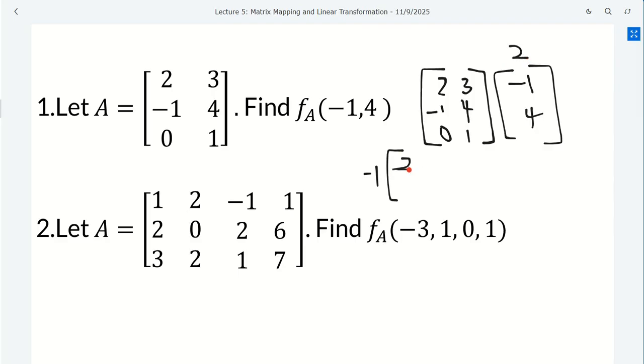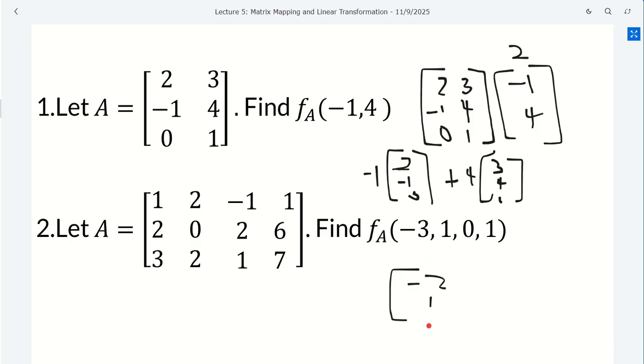So we have 2, -1, 0. That is the first one. Plus 4, which is 3 here, 4, then 1. If you multiply this, you get -2 here, then 1 here, then 0.